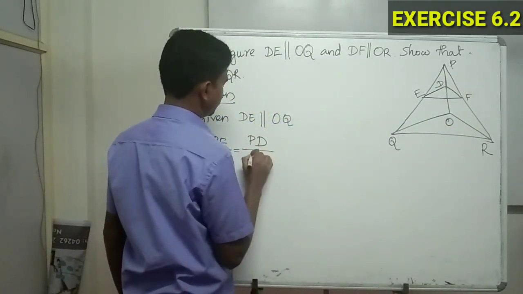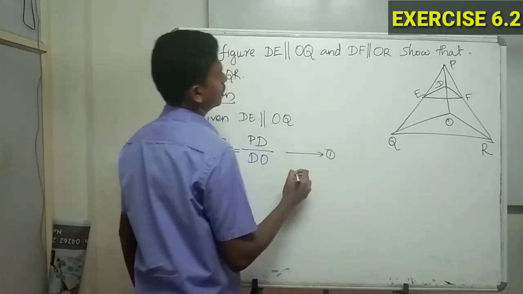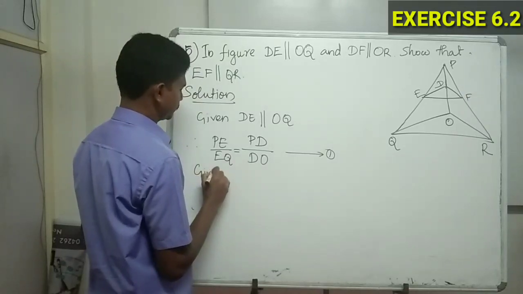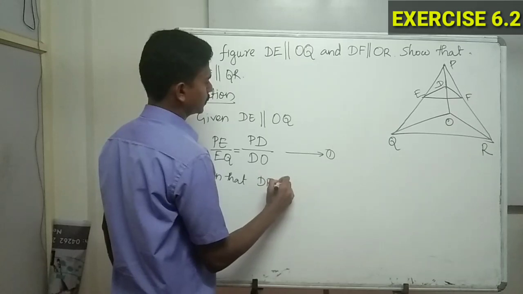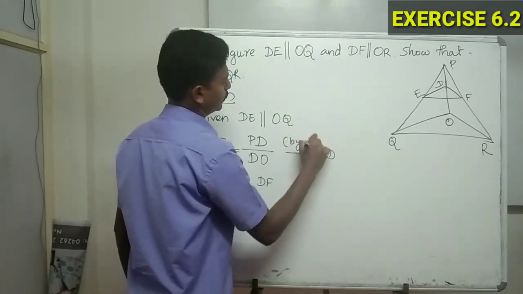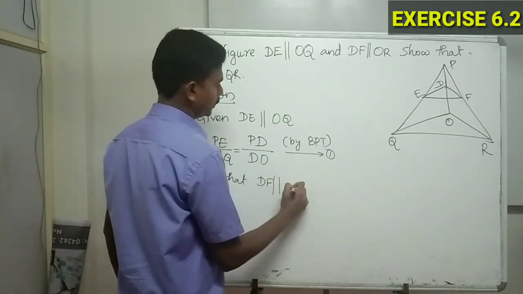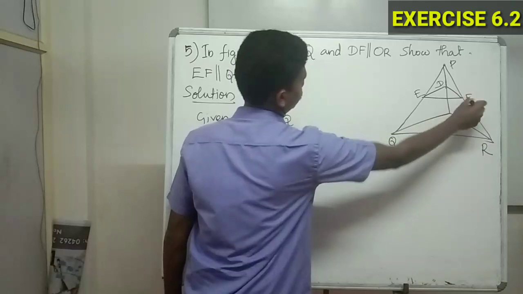This is by basic proportionality theorem. So this one we can say is the first equation. Then it is given that DF is parallel to OR.